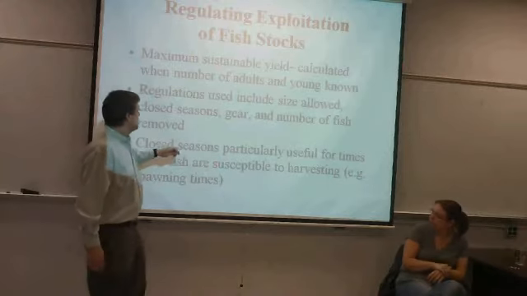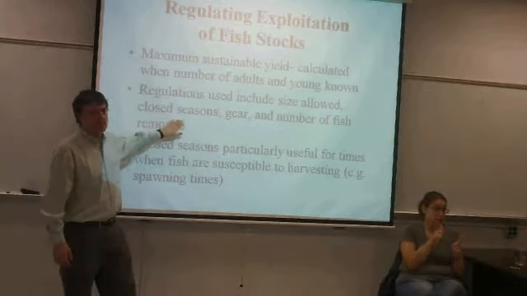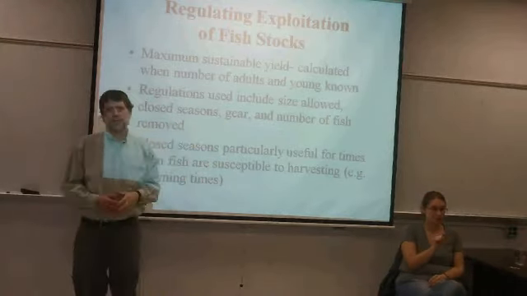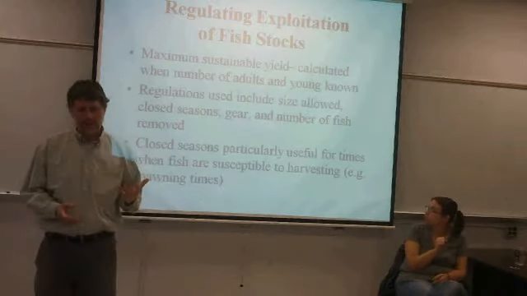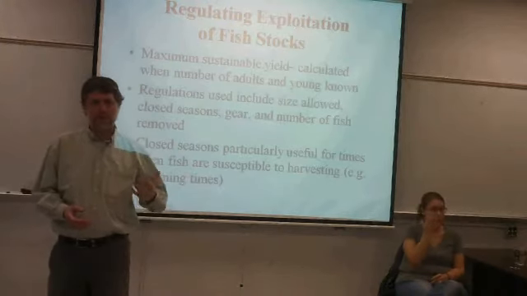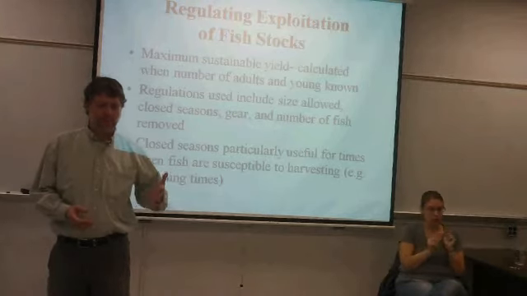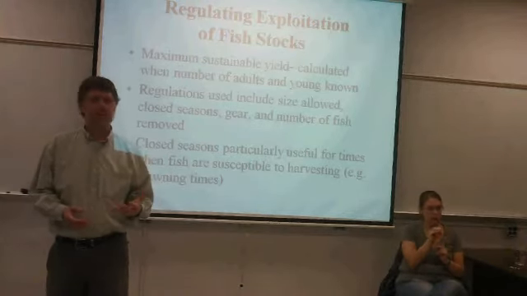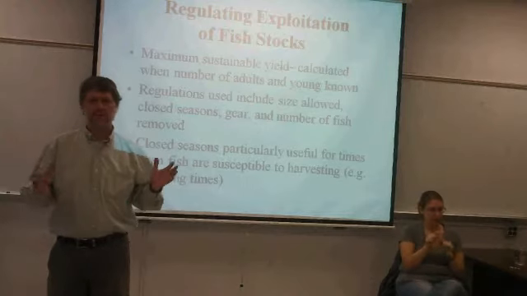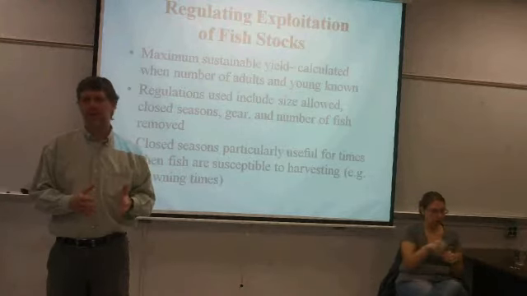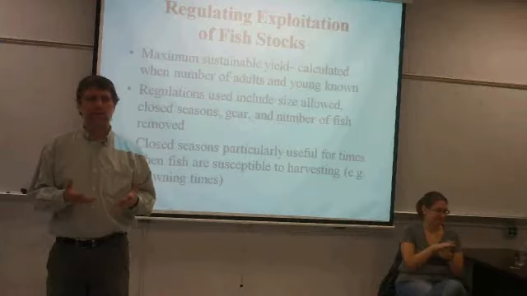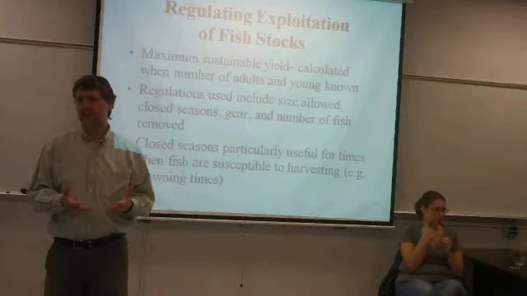Some of the ones that really do work are closed seasons and gear, because a lot of the time seasons are set so that people who know the reproductive biology of many fish species can take advantage of them being all concentrated in one small spot. So they become particularly vulnerable to predation at that point.